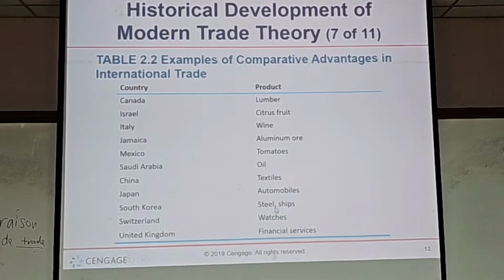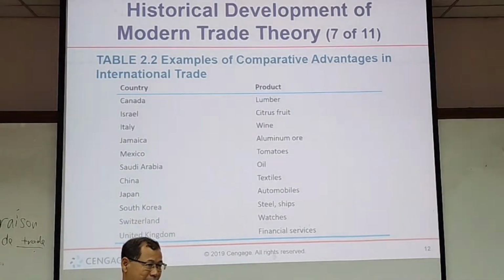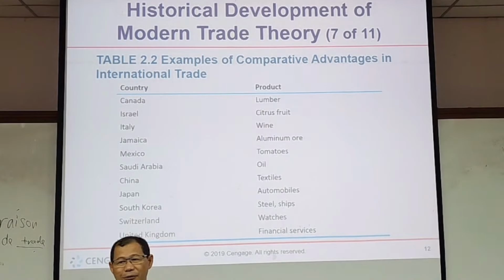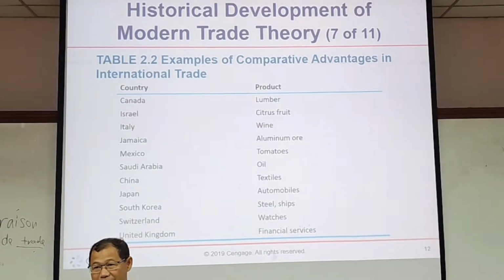South Korea still ships. Malaysia today will be in electronics, according to the comparative advantage of Malaysia today.